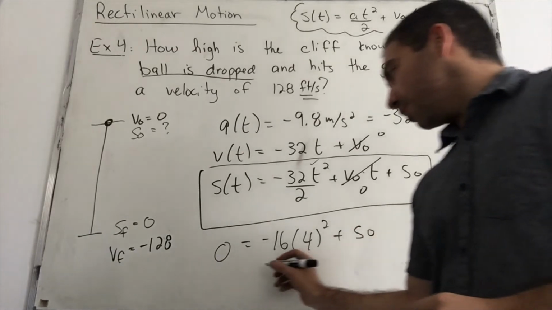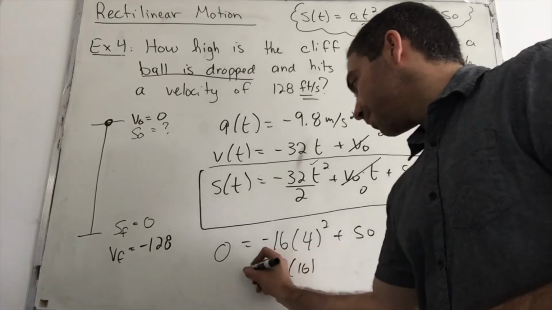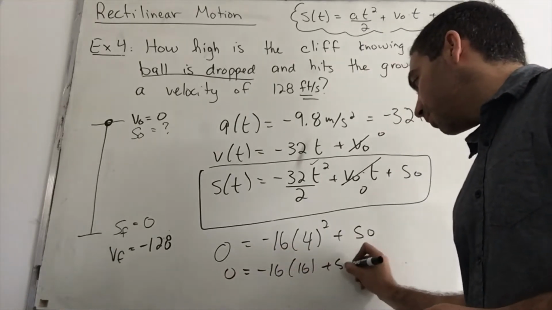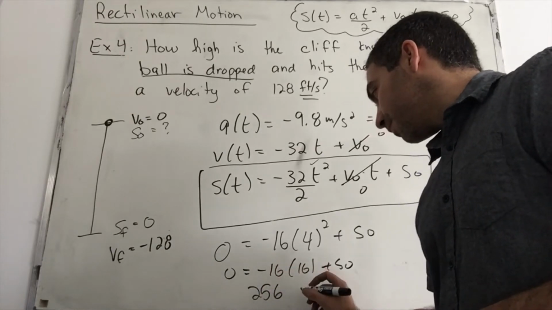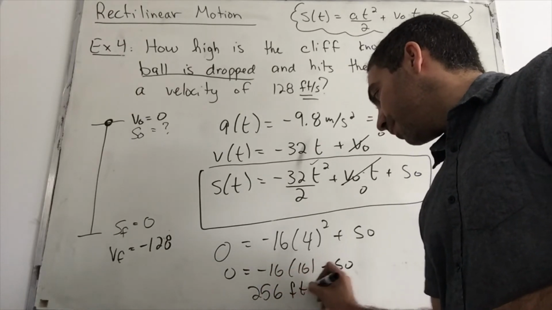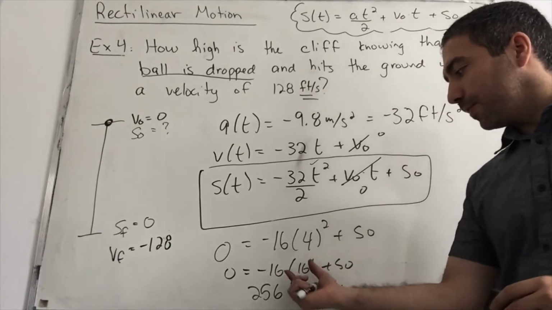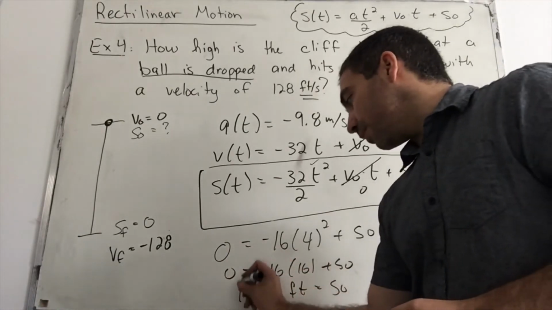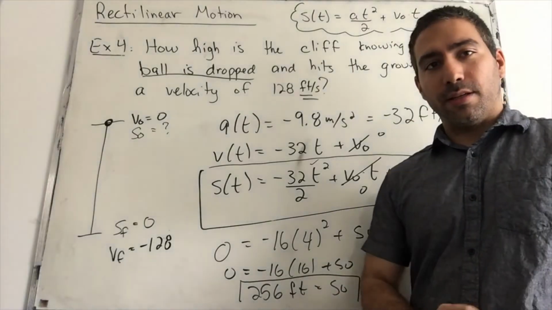So this gives us negative 16 times 16 equals 0 plus S0. That's what, 256 feet equals S0. So negative 16 times 16 is negative 256, and if we bring it over, it becomes positive. And that's the height of the cliff.